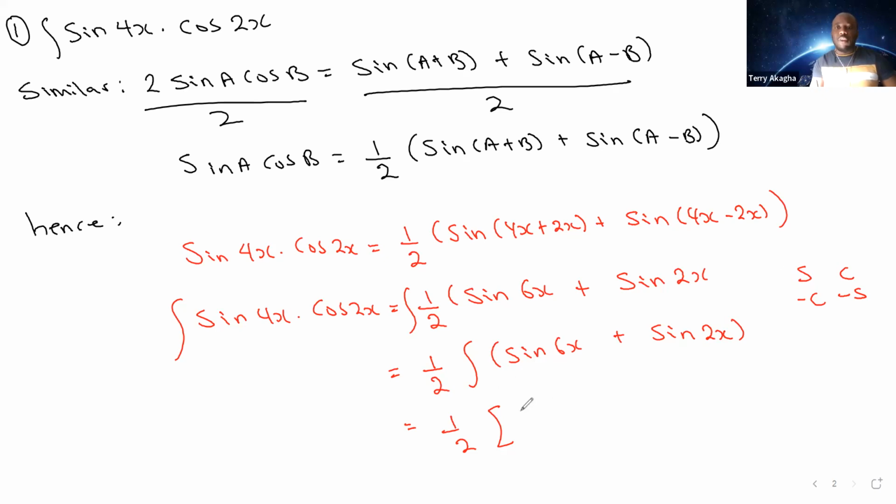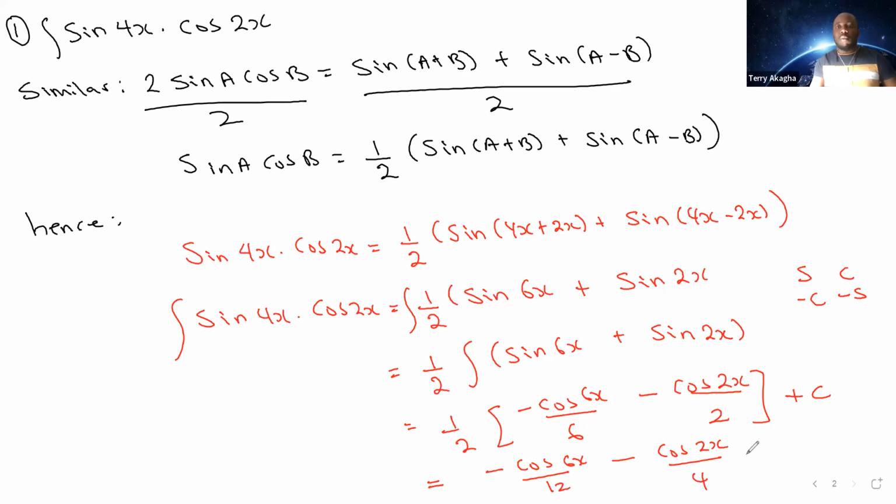So it's going to be minus cos 6x divided by 6, and minus cos 2x divided by 2, plus c. And that's the answer. If you want, you can further simplify this to minus cos 6x over 12 minus cos 2x over 4 plus c.